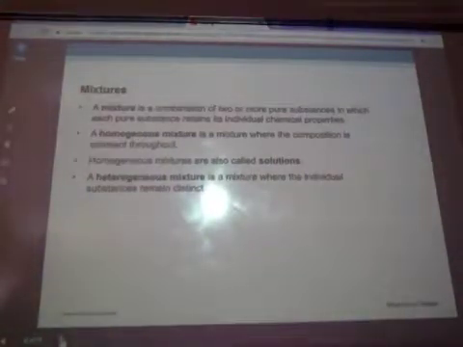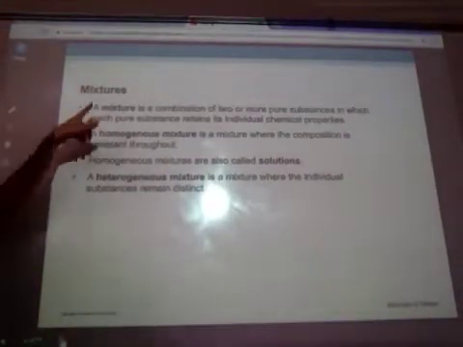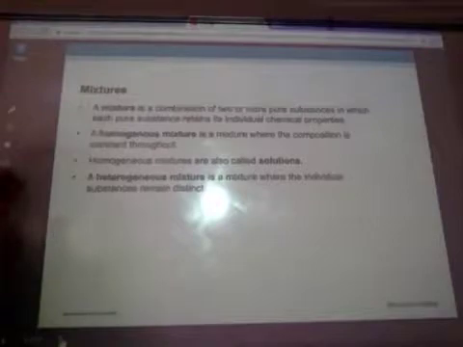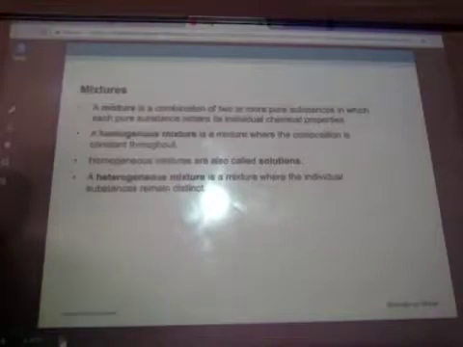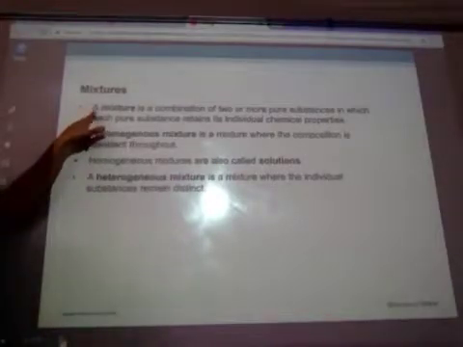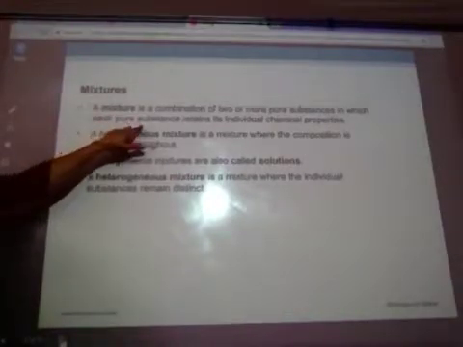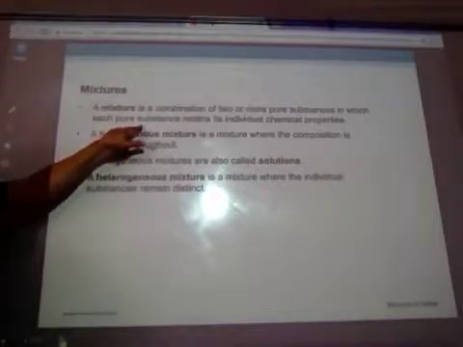So, getting started. A mixture is a combination of two or more pure substances, and technically a mixture can even be not pure mixtures, or not pure substances that are put together. The only thing is, when you have a mixture, each substance keeps its chemical properties.